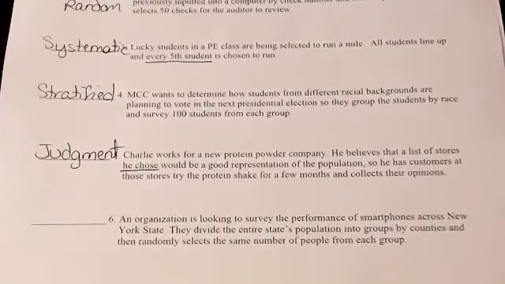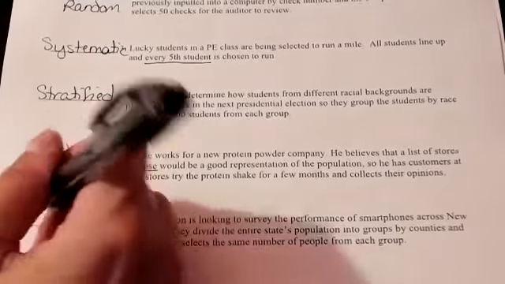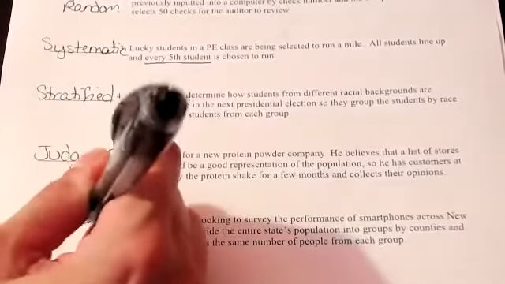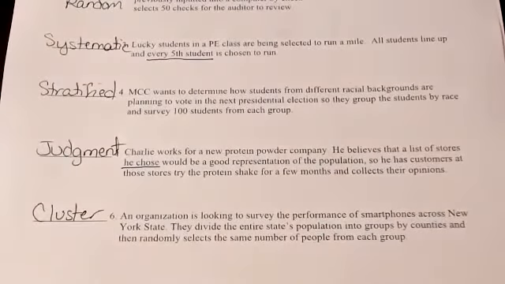And last but not least, an organization is looking to survey the performance of smartphones across New York State. They divide the entire state's population into groups by counties and then randomly select the same number of people from each group. Notice all they did was divvy up by counties. That's not particularly a strategy in terms of what we use for number 4.